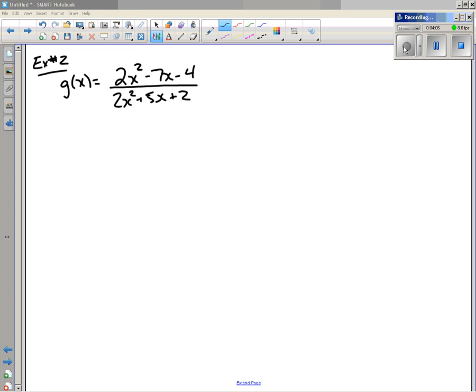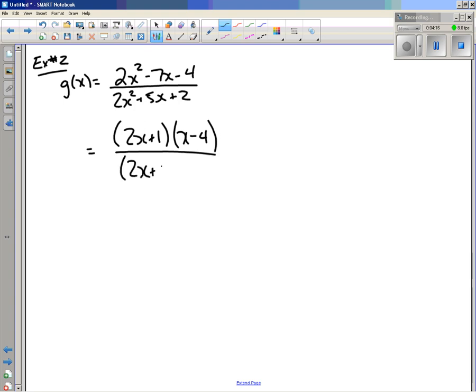If we do that, we should find out that we're going to get 2x plus 1 and x minus 4 over 2x plus 1 and x plus 2. Okay, so we can factor both numerator and denominator into that.